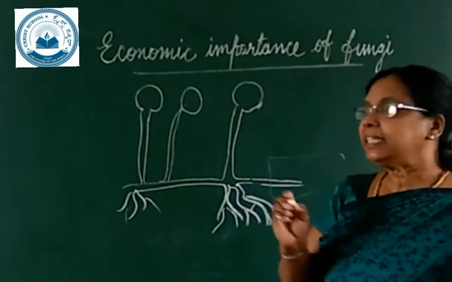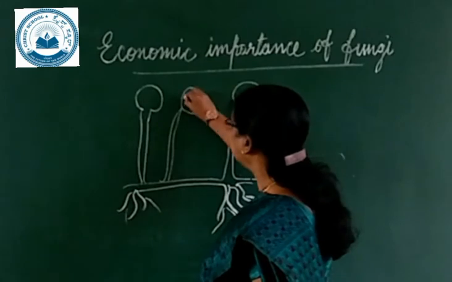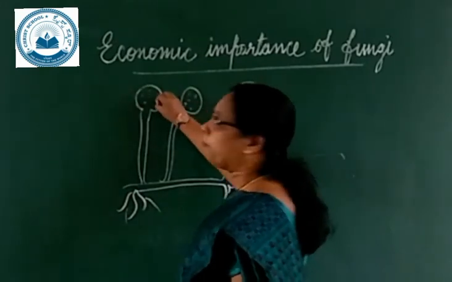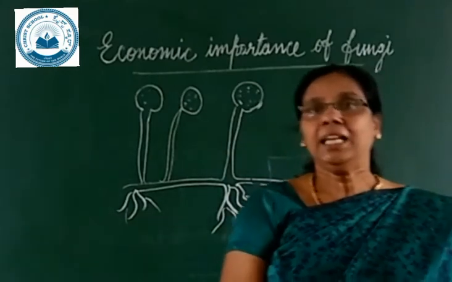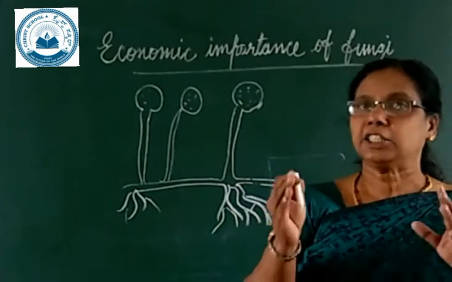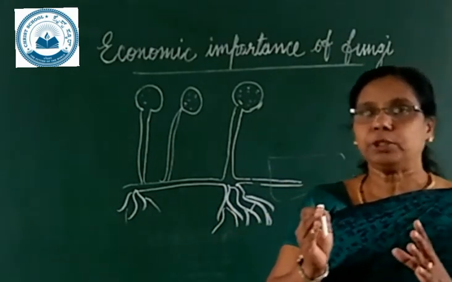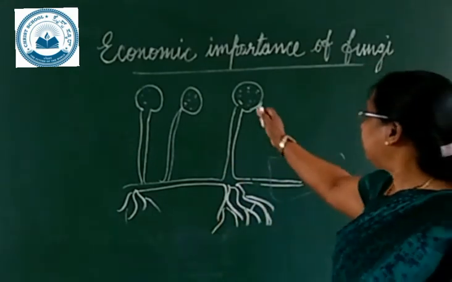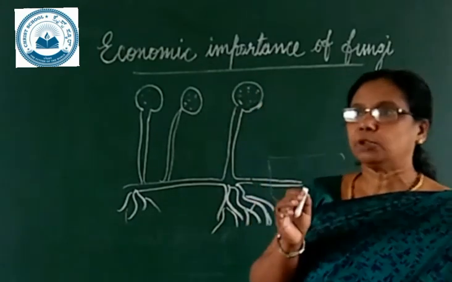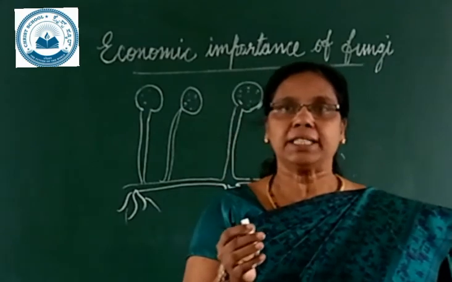And what can you see inside the sporangium? Tiny spore-like structures. When the sporangium matures, it breaks open and the spores are liberated outside.